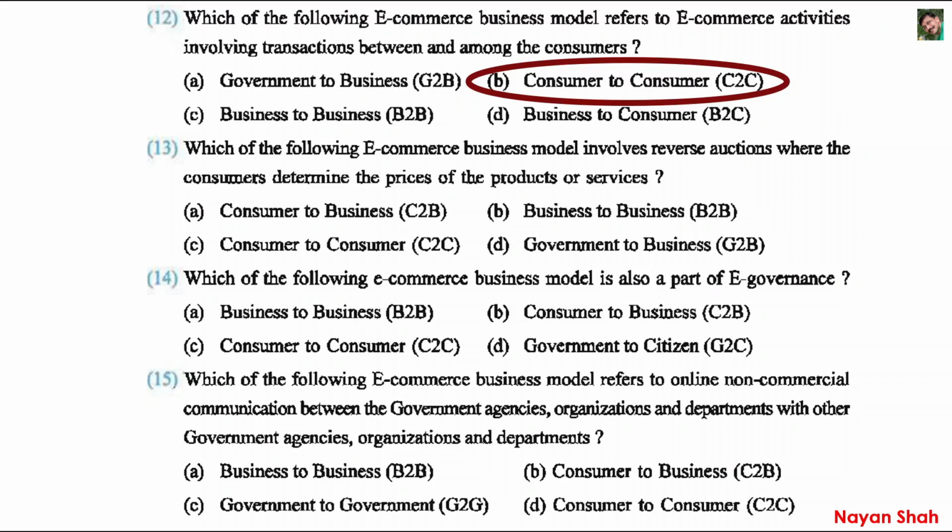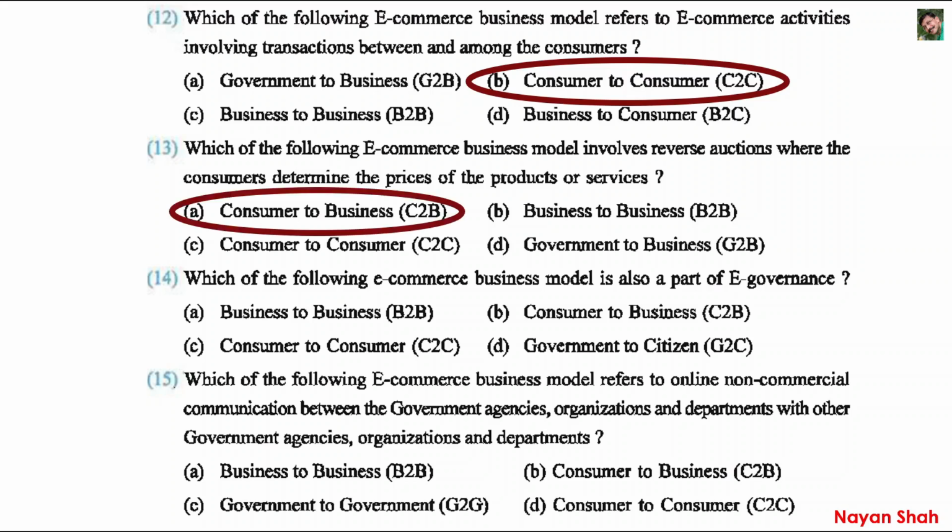Question number 13. Which of the following e-commerce models involves reverse auctions, where the consumer determines the price of the product or services, and if a business is ready to give or sell that product, it will accept the offer? So that is a reverse auction. If you remember, when we were discussing the chapter, I also told you at that time that for C2B you remember the word reverse auction.